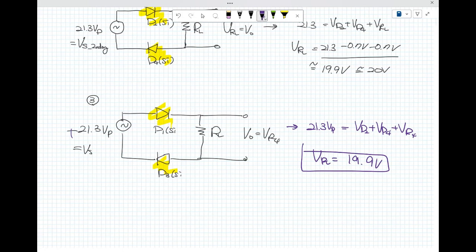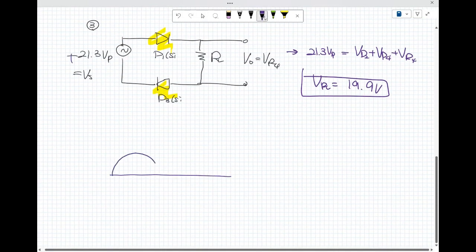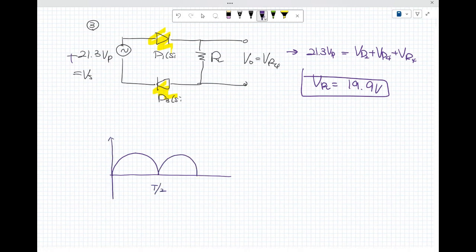Okay. So we have like this one. This is T, definitely 1 over F, 1 over 60. That was for about 19.9 volt or 20 volt.